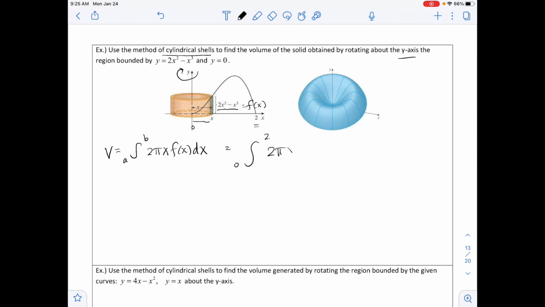We have 2 pi x. F of x is going to be our function, which is 2x squared minus x cubed dx. You can move that 2 pi out in front of that integral. And I'm also going to multiply in the x, distribute that in. So we have 2x cubed minus x to the 4th dx.